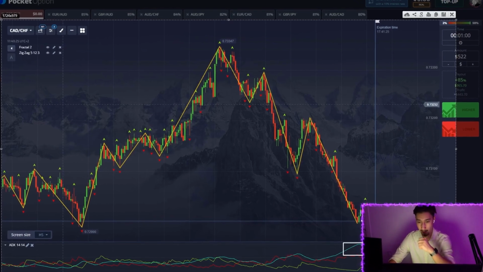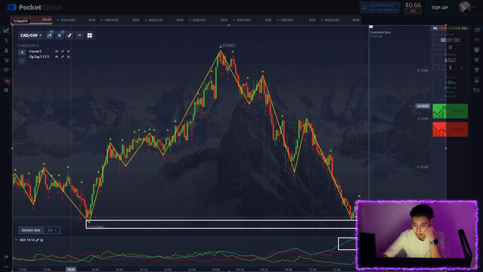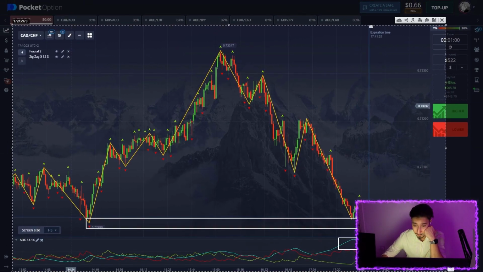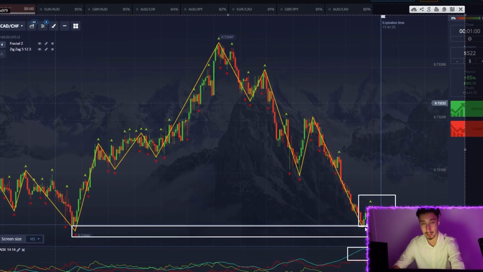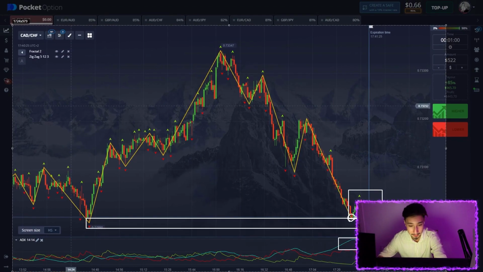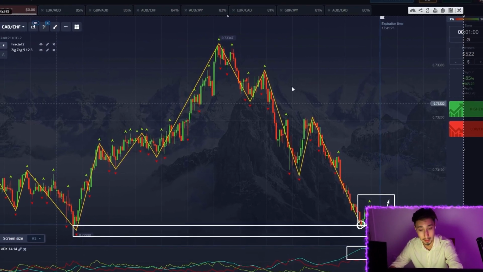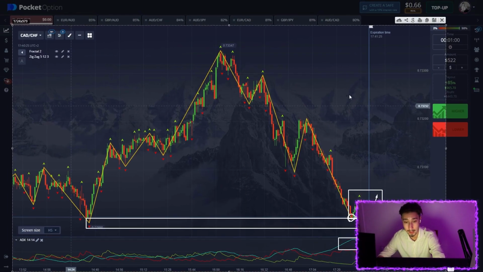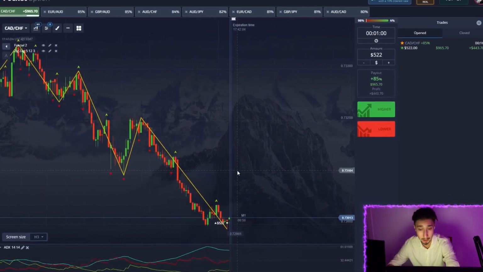Let me select it right here, and in this zone, a double bottom pattern we seem to be forming, and after this I think the price should go up again, and basically our position should be in profit. Right, the breakout is already happening.